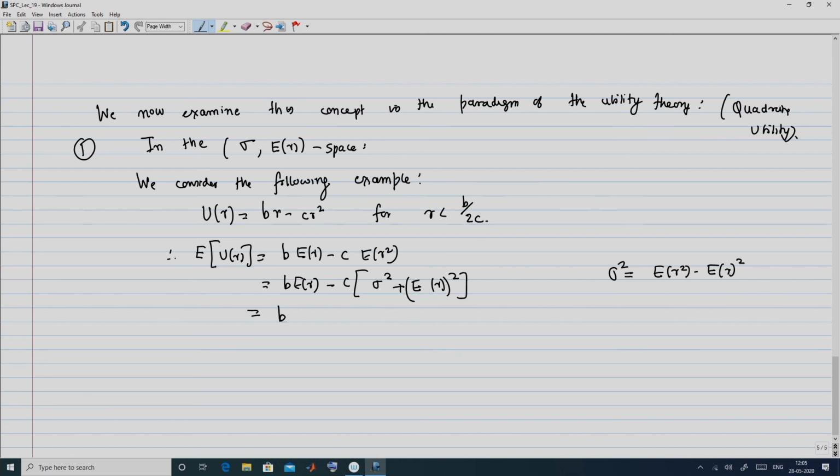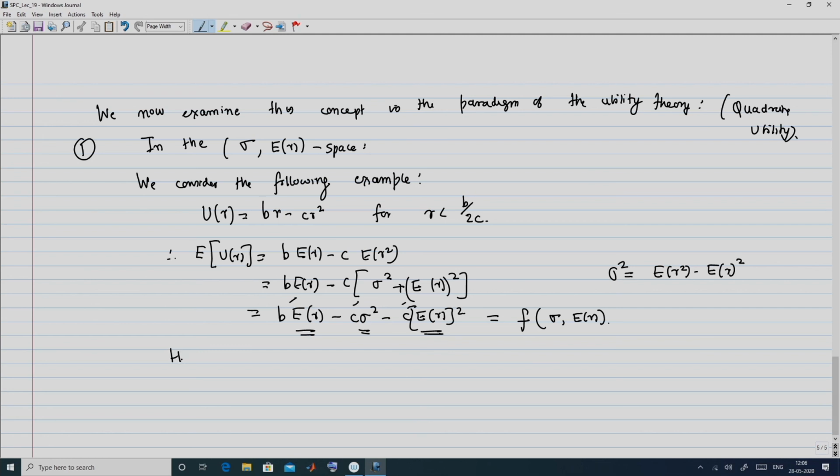This can be rearranged as B E(R) minus C sigma square minus C E(R) whole square. And you see, this depends on E(R) and sigma square, because B and C are constant. So, I can call this some function f of sigma and E(R).